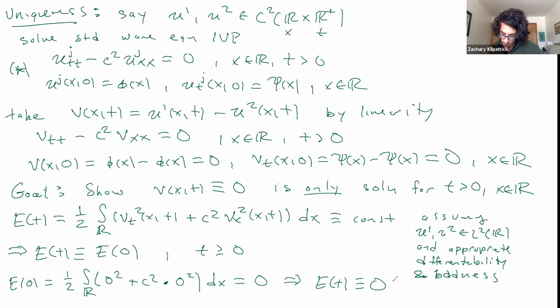Okay. Well, can I know then that v needs to be 0 based on the fact that the integral over that is 0? Well, I know that this is at least non-negative. So each of these component parts needs to be effectively 0 almost everywhere.